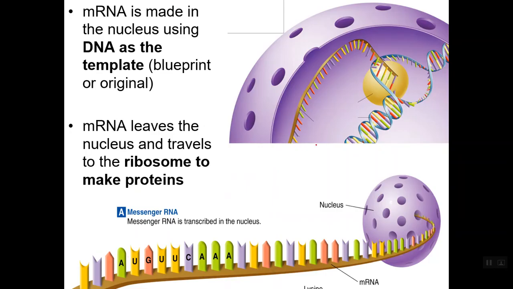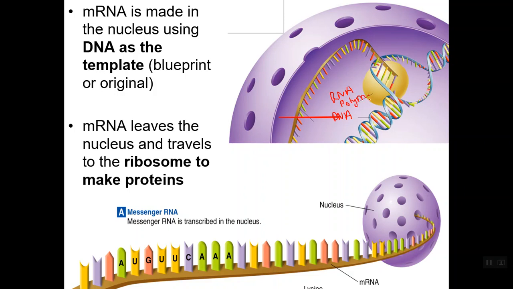So here's an image of it, right? In the nucleus up here on the top, here is your DNA. I'm going to go ahead and label this. There's your double helix DNA. This yellow ball right here is RNA polymerase. It's unzipping DNA and building the mRNA strand simultaneously. It is that awesome. So that is RNA polymerase.